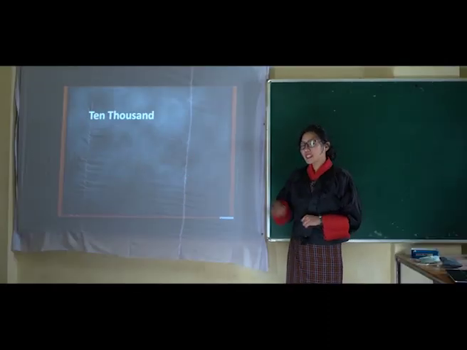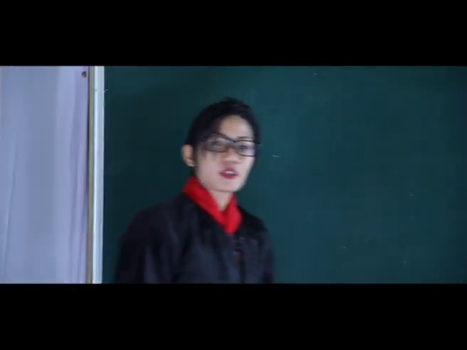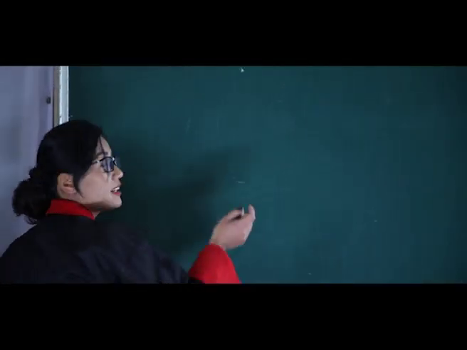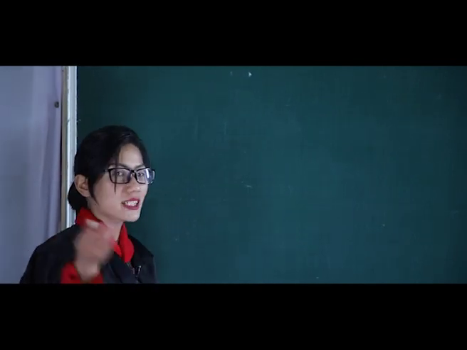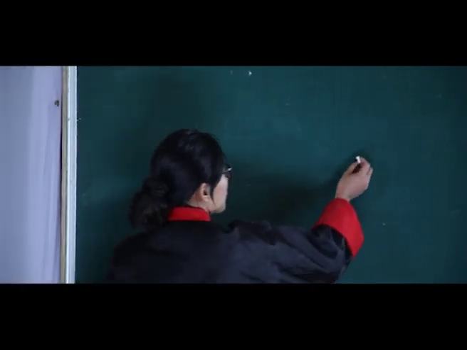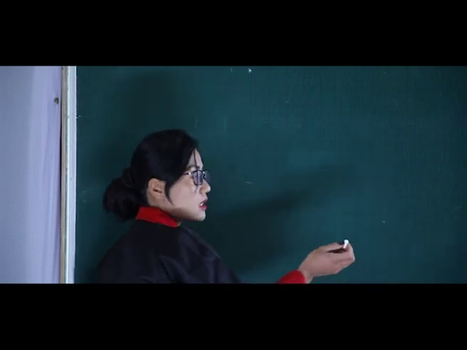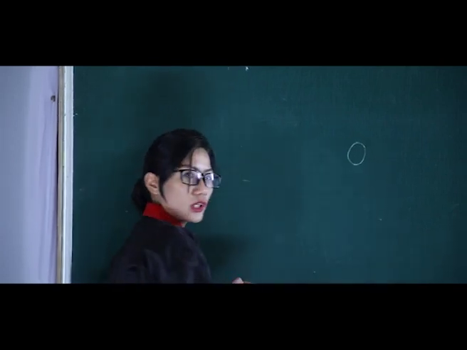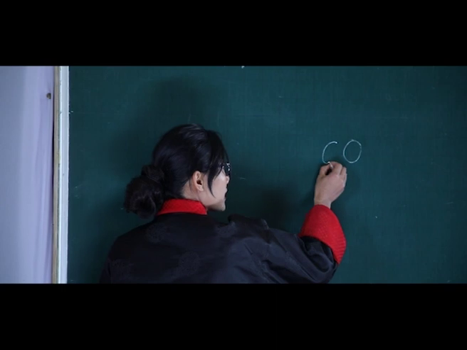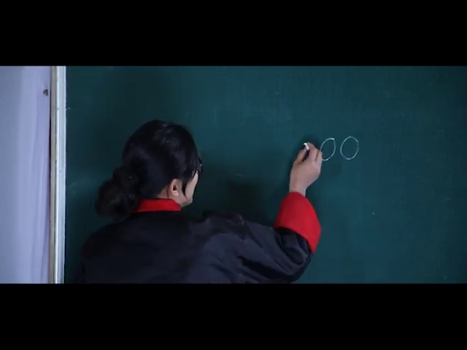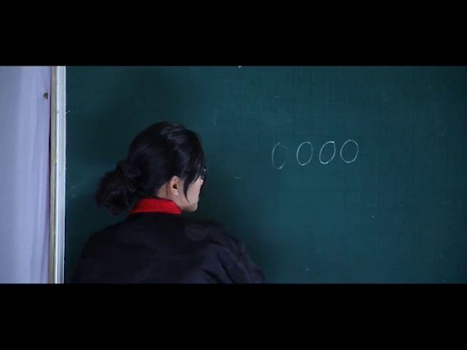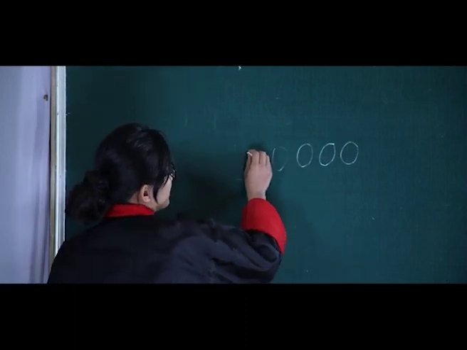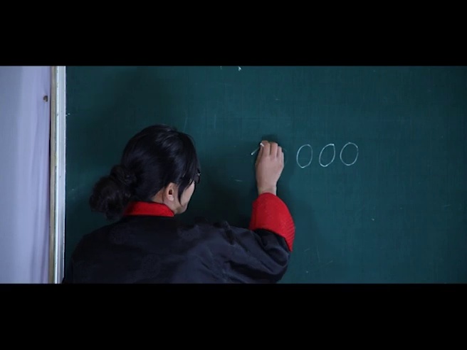How do we write 10,000? Eyes on the board, please. Let us start with the place value chart, but in your memory. So we start with ones, place a 0 there, tens, place a 0 there, hundreds, place a 0 there, thousands, place a 0 there, and 10,000s.